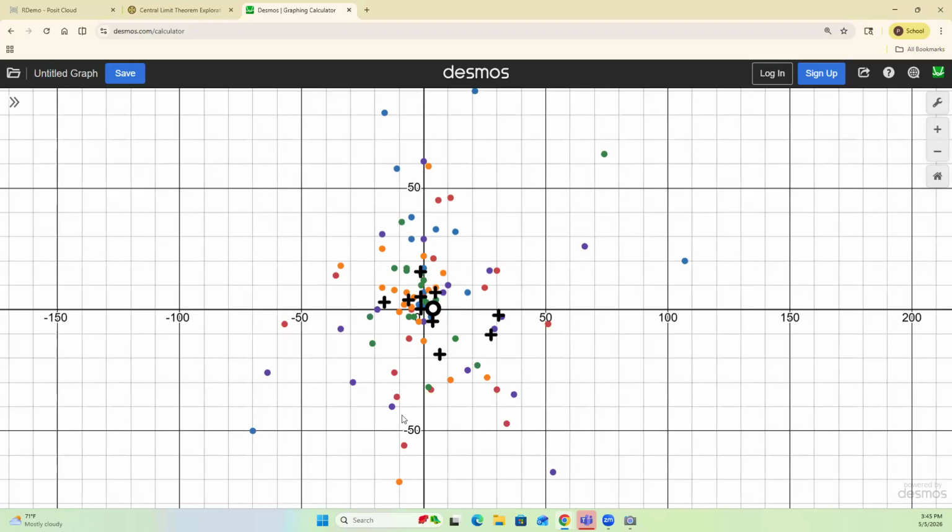But first, let me ask you, would you be surprised if an individual throw landed right here? That's at -20, -20. Would that be super surprising? Why not?